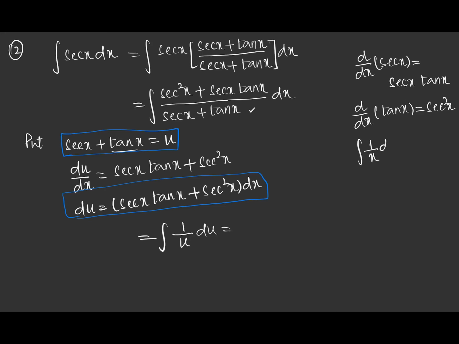Just now we recalled that the integration of 1 by x is log mod x plus c, which equals log mod u plus c. Substituting back u, that is secant x plus tan x, we get log mod secant x plus tan x plus c.